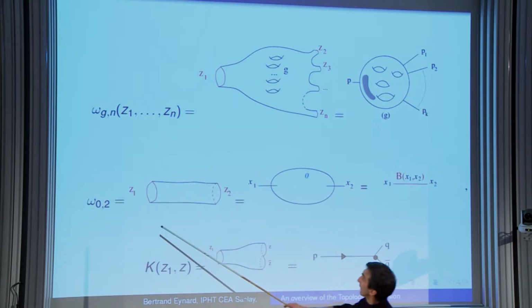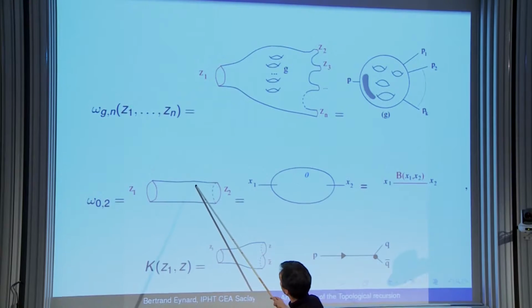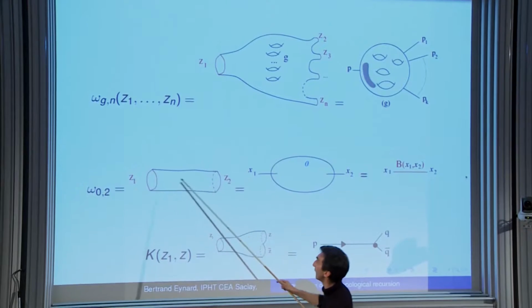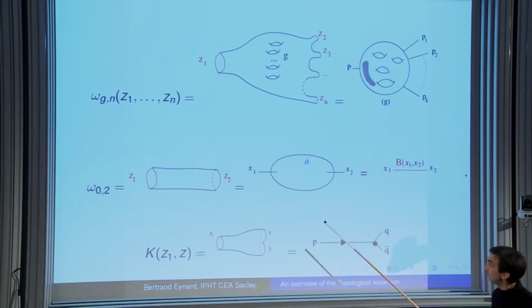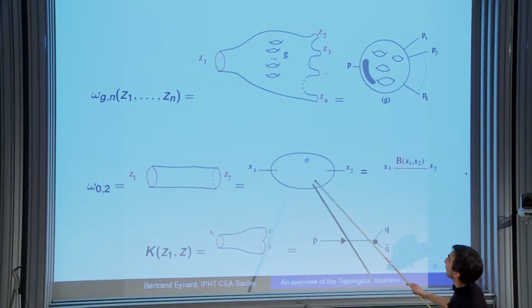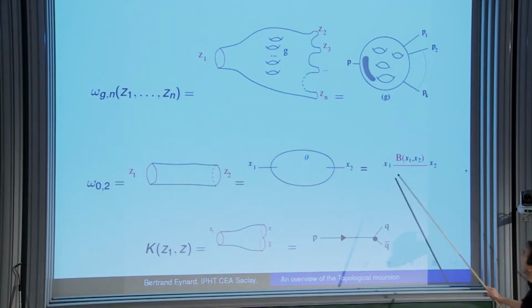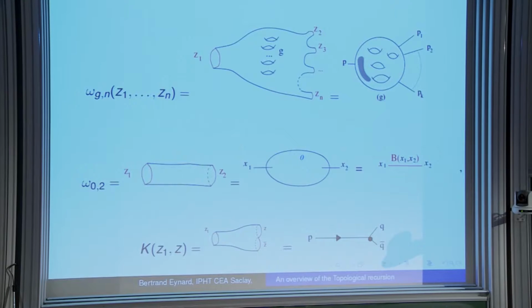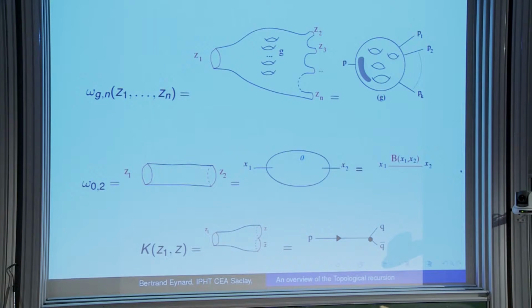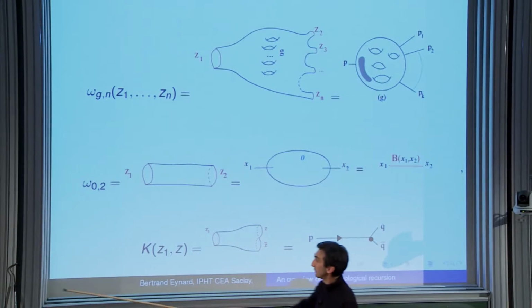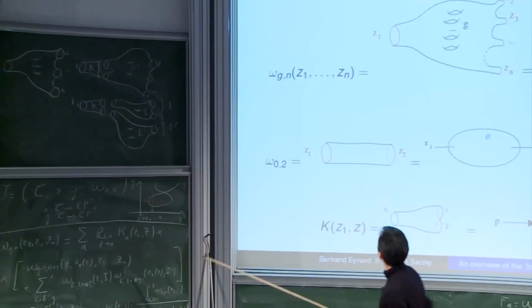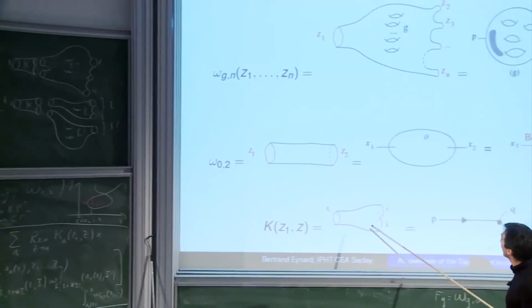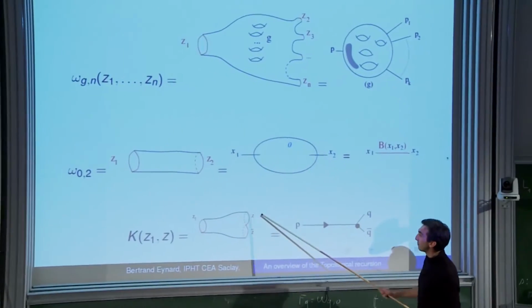In this picture, omega 02 should be something of genus 0 with two boundaries, so it's a cylinder. Or it's also a sphere with two punctures. But very often, I shall represent it just by a straight line between x1 and x2. Okay. K, which appears here, let me represent it as nearly a pair of points.